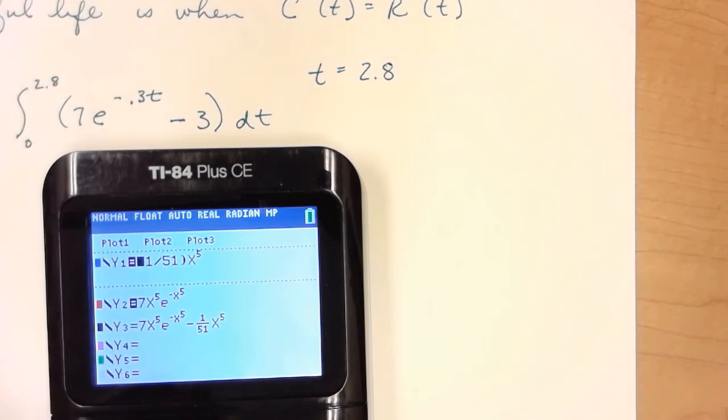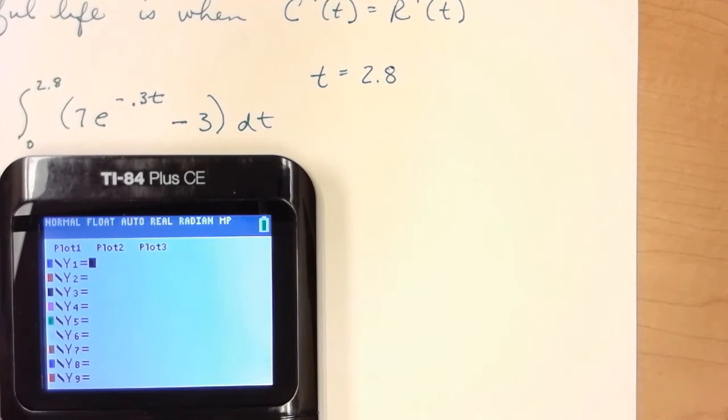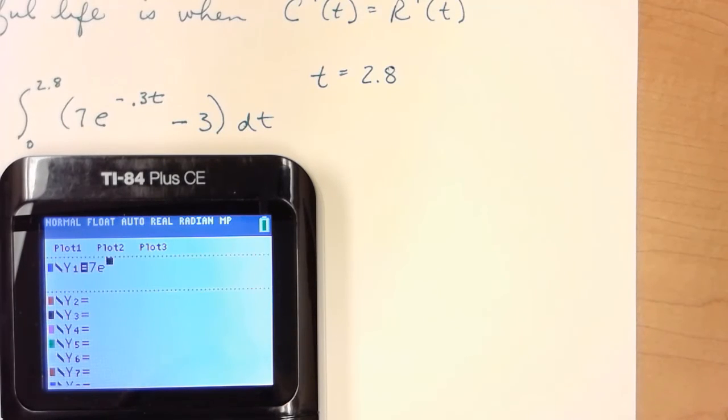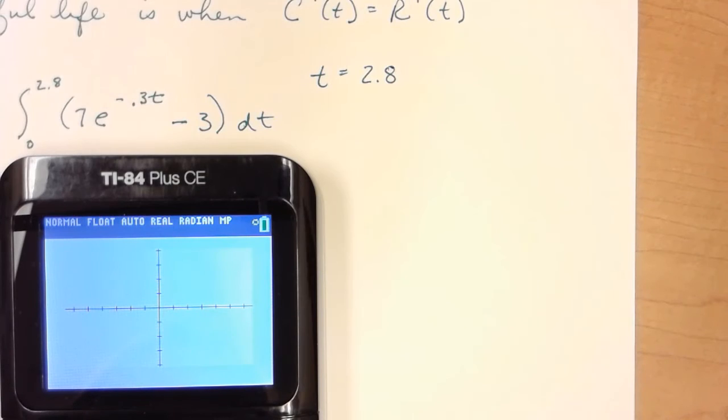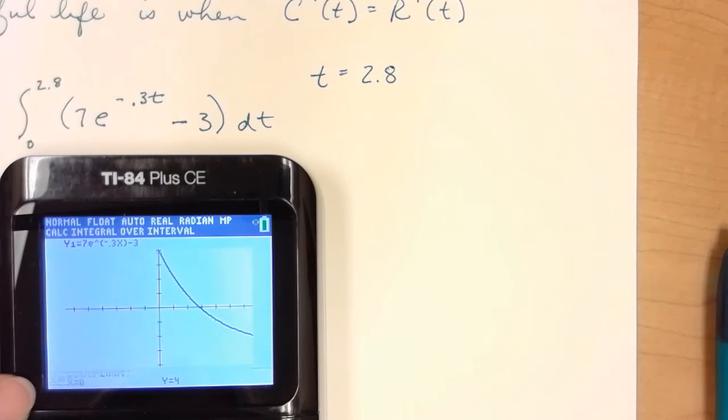Now in word problems, go ahead and use your calculator. I would like to, you need to do the setup so you know what you're doing. So let's put the 7 second e to the negative 0.3x minus 3. Now I've got top curve minus bottom. Let me ask it to graph. And we're going to find the area from 0 up to 2.8. So second calc number 7, 0 to 2.8.